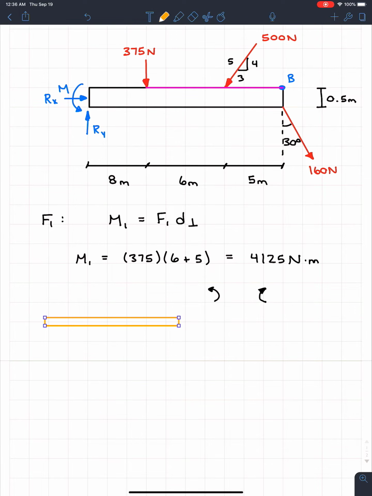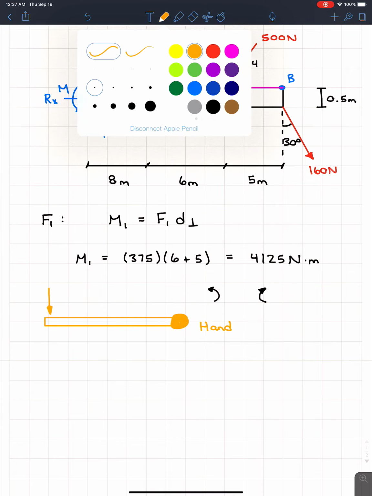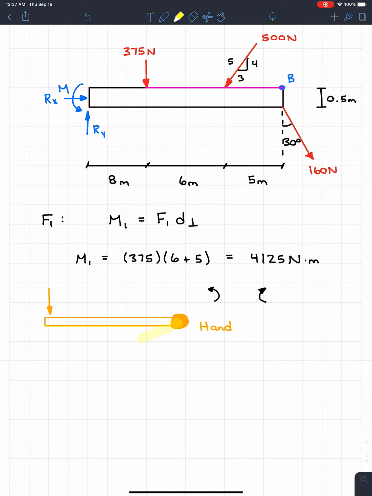I'm taking one hand and holding it at point B. So I'm restraining this end right here. This is my hand. I'll label it hand. And I'm holding the pencil. With my other hand, and more specifically my finger, I'm just going to pretend I'm putting a force as it looks in the diagram. And what I'll see is this pencil will start to do this.